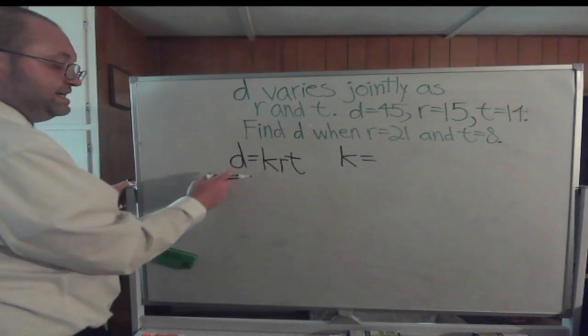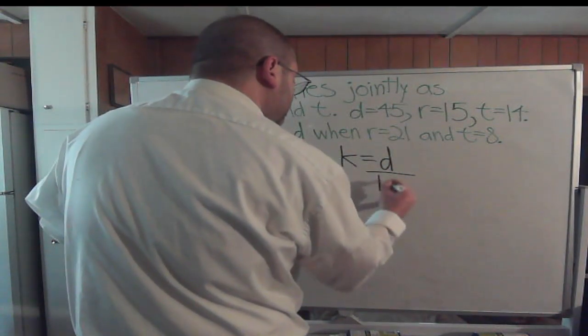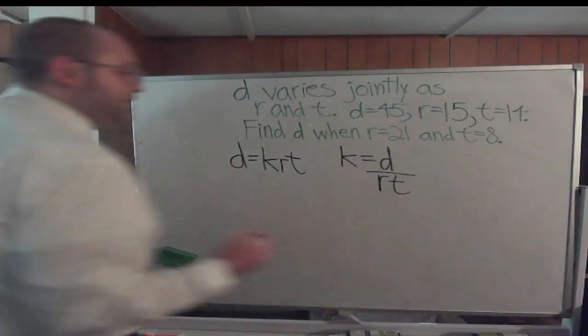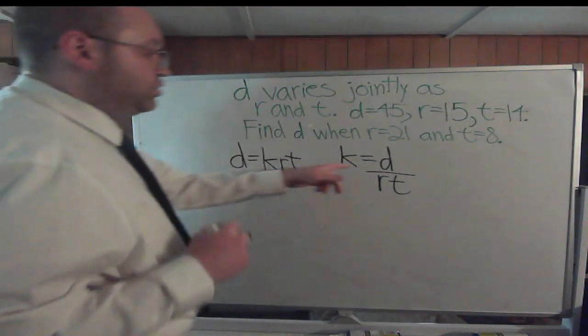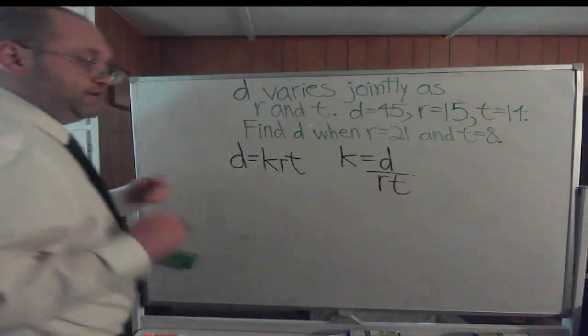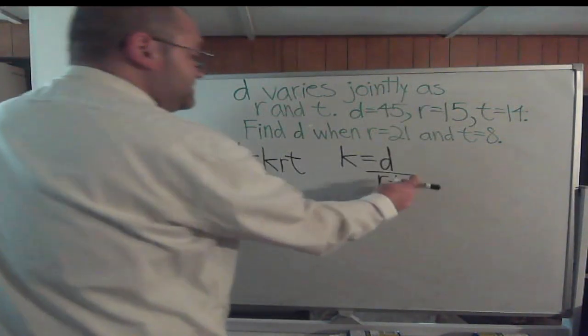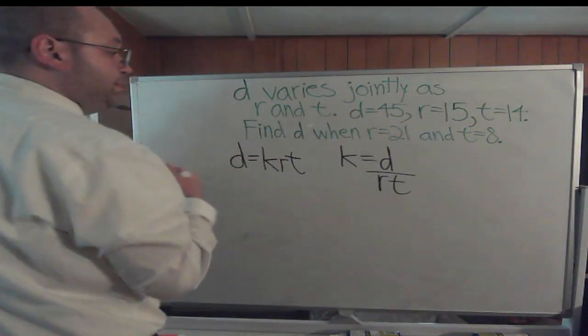We divide D by RT, so you'll end up getting k equals D over RT. That's your equation for the constant of variation, k. Now to find the constant, all you got to do is plug in the values of D, R, and T that are given here.